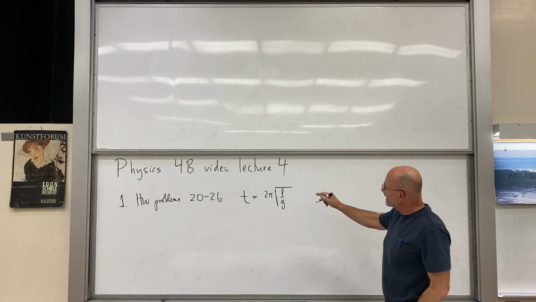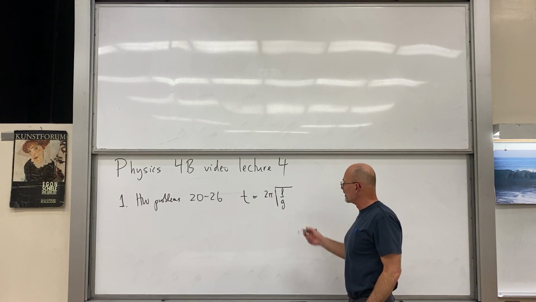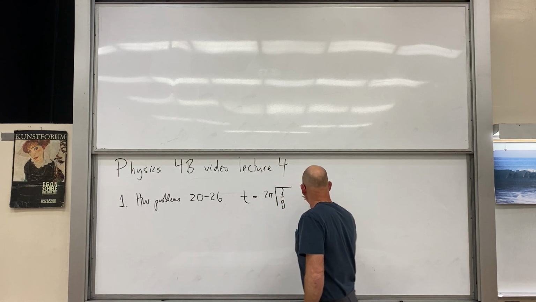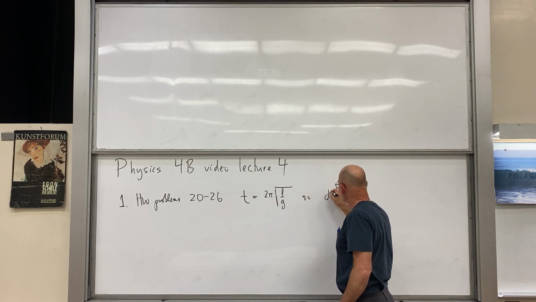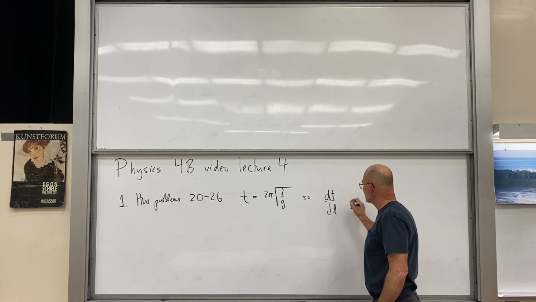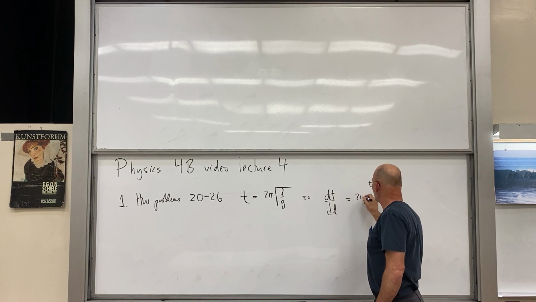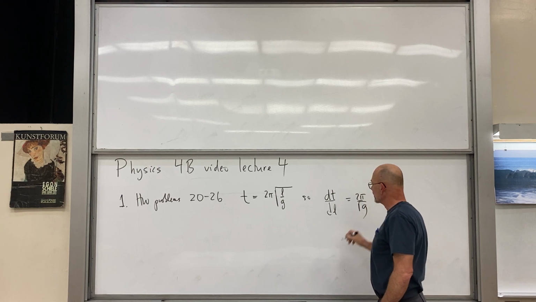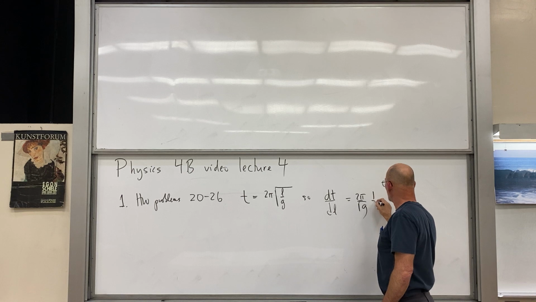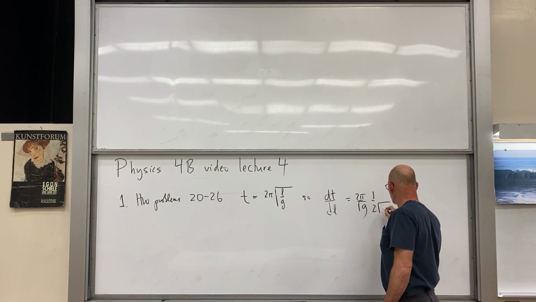Now, this is a nice application of some calculus. So suppose we just take a derivative, dT/dL. We'll take the 2 pi over root g out of here, and then we've got the derivative of the square root of L, which is 1/2 square root of L down here.